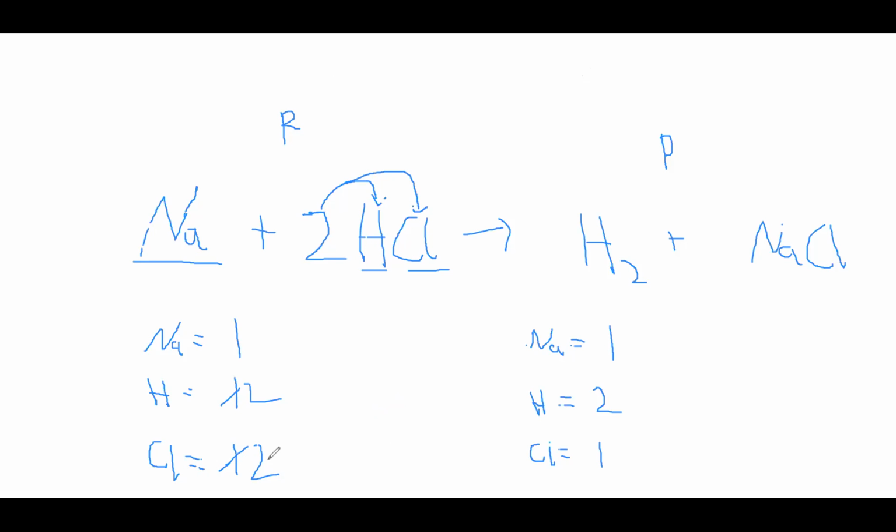But by doing that, we caused our Cl's to become unbalanced, right? Now we have 2 Cl's in the reactants, but there's only 1 Cl in the products. So we have to go in and change some more coefficients in order to make things balanced.